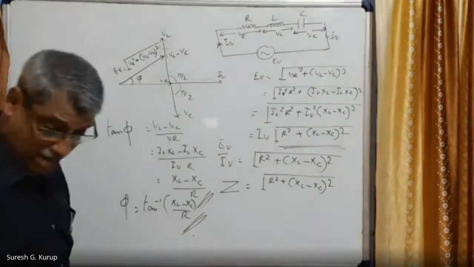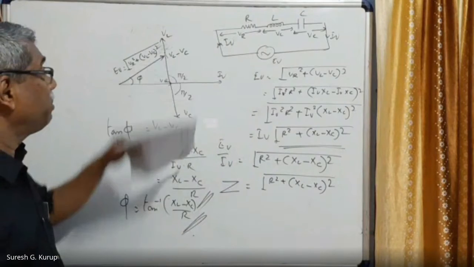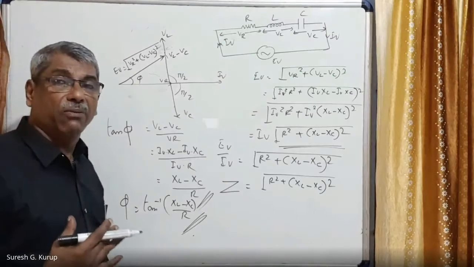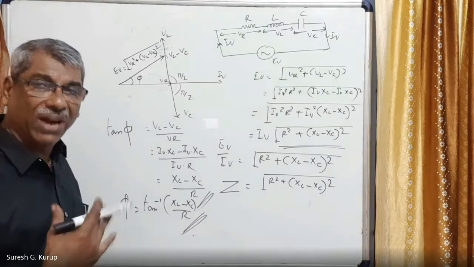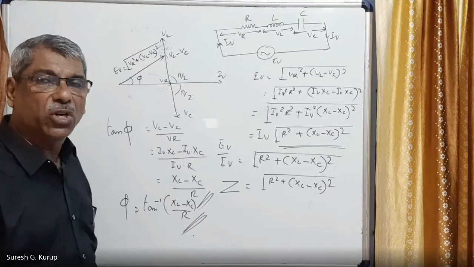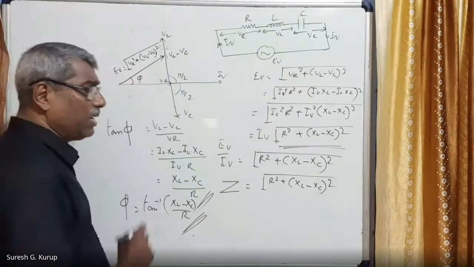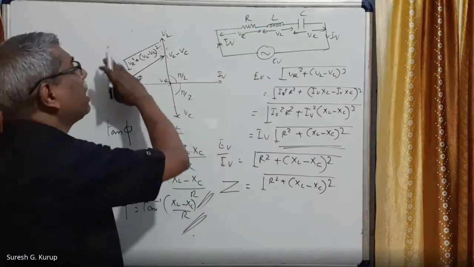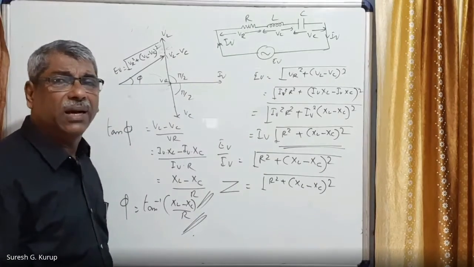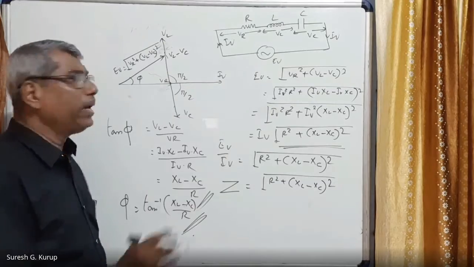Also from the phasor diagram, we can write the expression for current. The current is lagging behind the EMF by an angle phi.